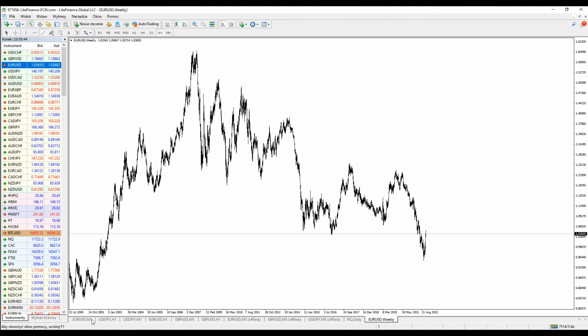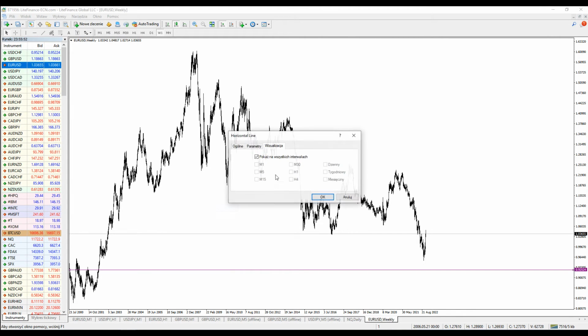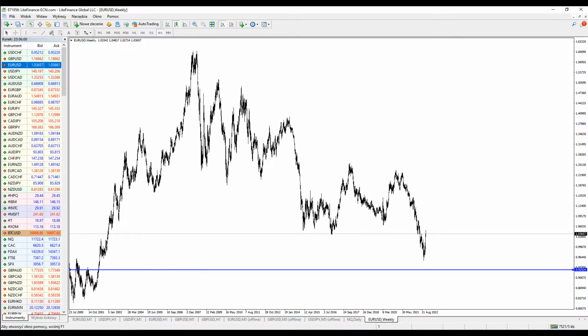It's a weekly chart, so let's place the blue line here. Let's make it a little bit bolder. There you go. So as you can see, we've been very close, but we haven't hit the bottom, in my opinion. How do I think that we haven't hit the bottom?